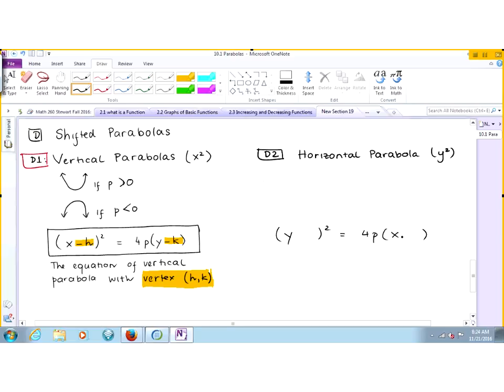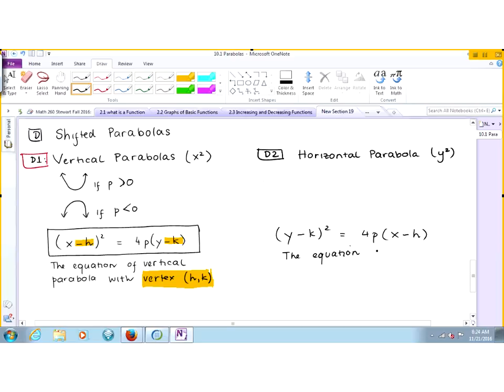Y minus k squared is equal to 4p times x minus h. So h is always associated with x, and k is always associated with y.